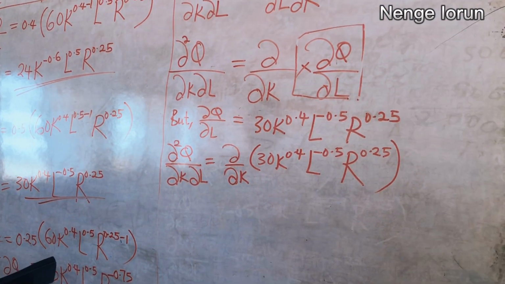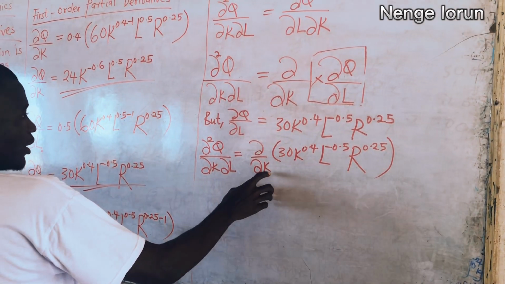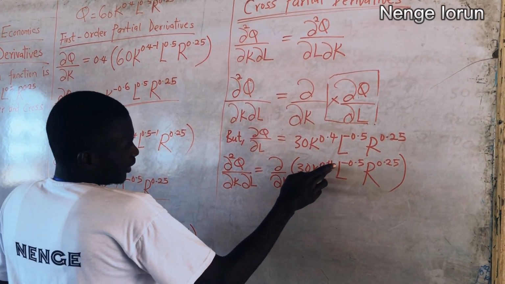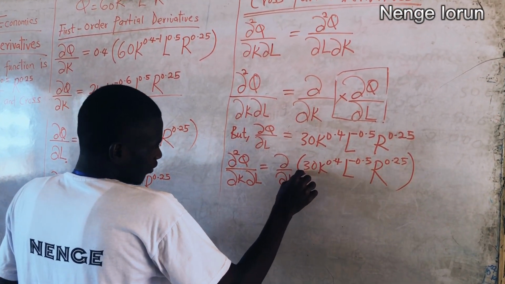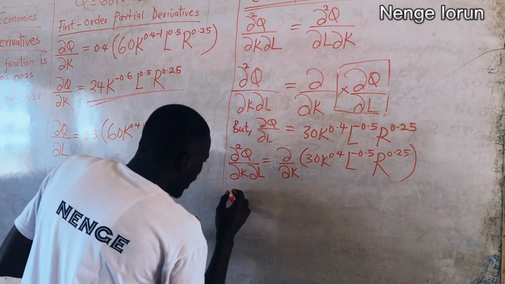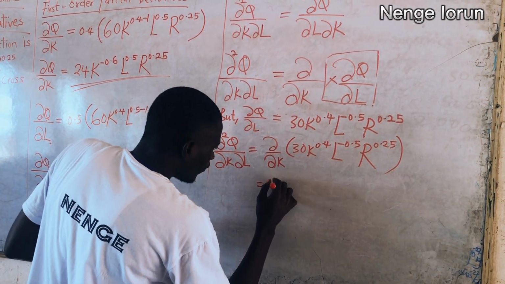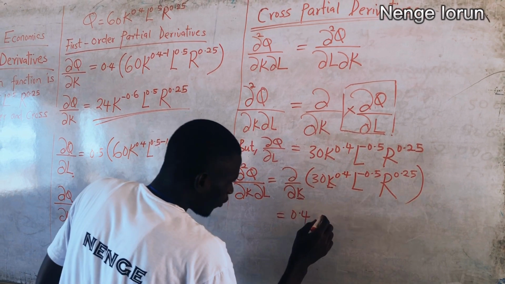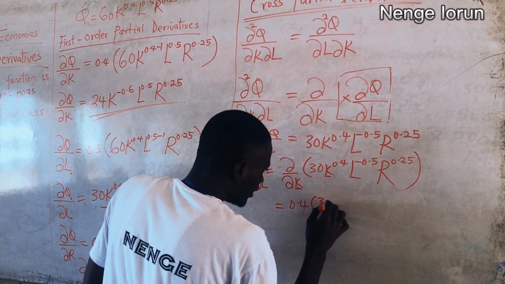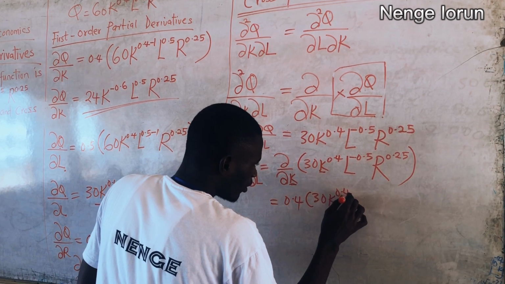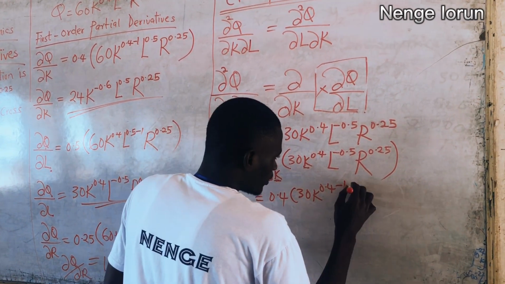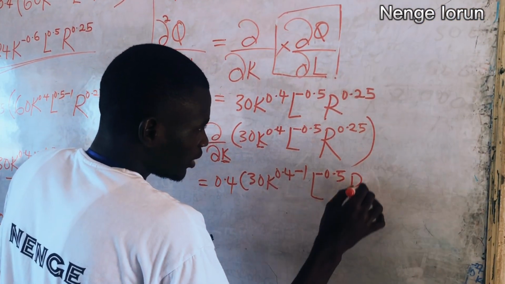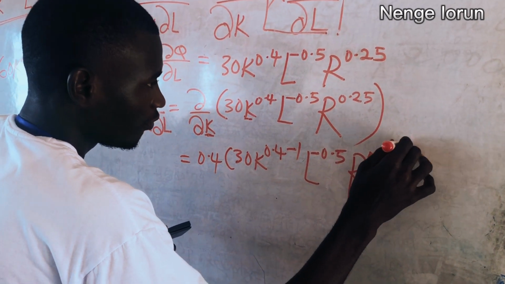So now, we are differentiating with respect to K. So you are going to multiply by the power of K, which is 0.4. Since it is with respect to K, it is this power of K that we are using. 0.4 times 30, K raised to the power of 0.4 minus 1. L raised to the power of negative 0.5 is constant. R raised to the power of 0.25 is constant.